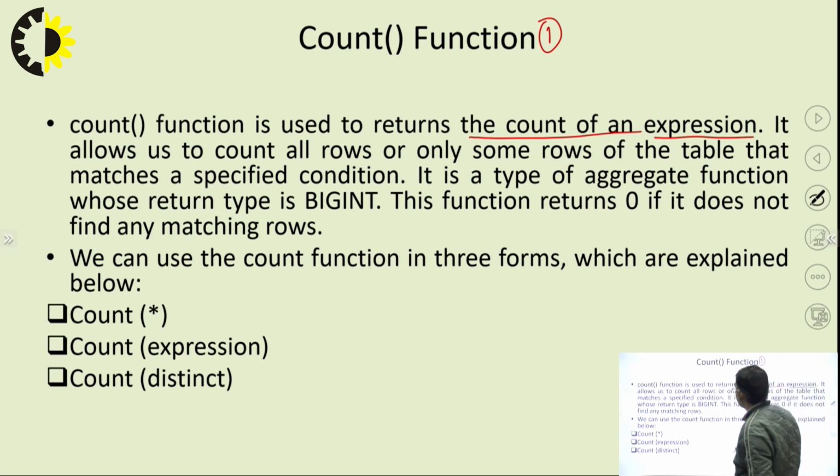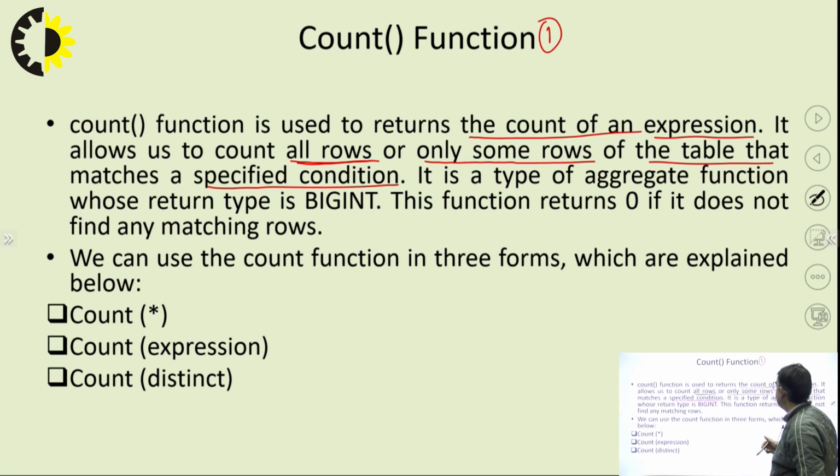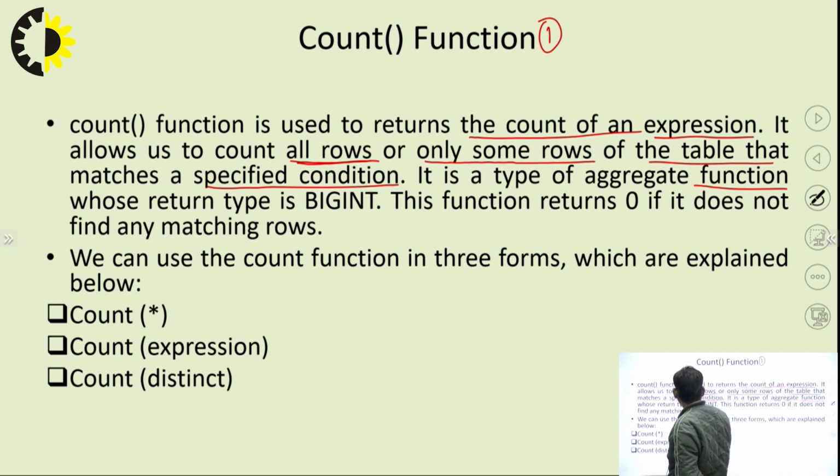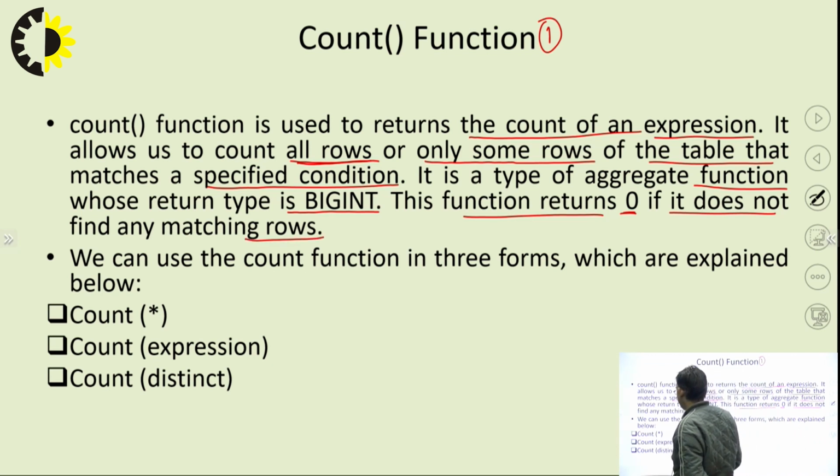It allows us to count all rows, which is very important, or only some rows of the table that match a specified condition. It is a type of aggregate function whose return type is bigint. This function returns 0 if it does not find any matching rows.